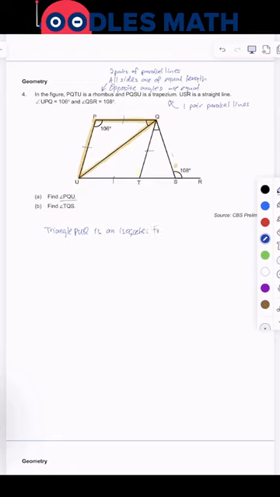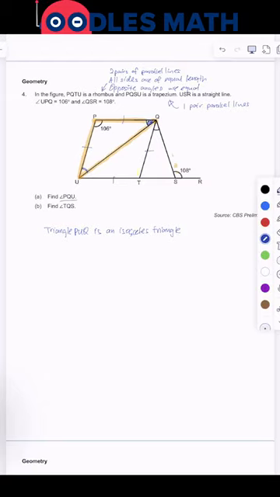Now, when it is an isosceles triangle, what does that tell us? Very important property of an isosceles triangle, the base angles are equal. In this case, one of the base angles is the angle that we are looking for, which is PQU, the one in blue at the corner there.